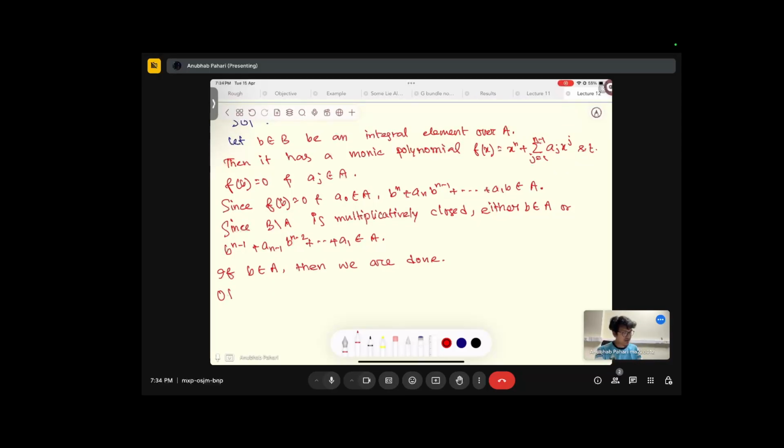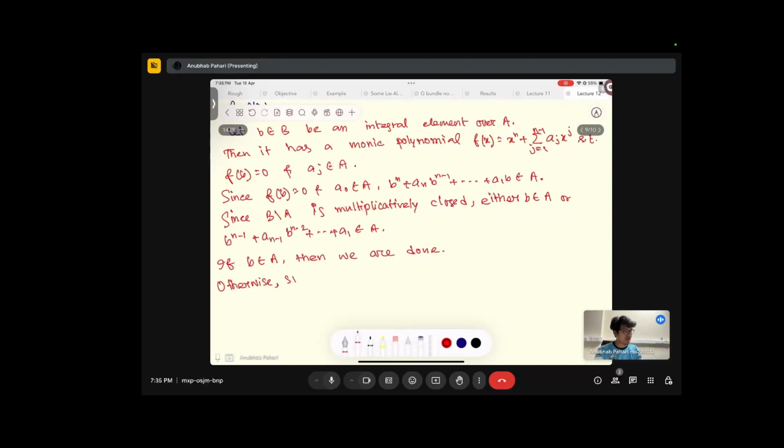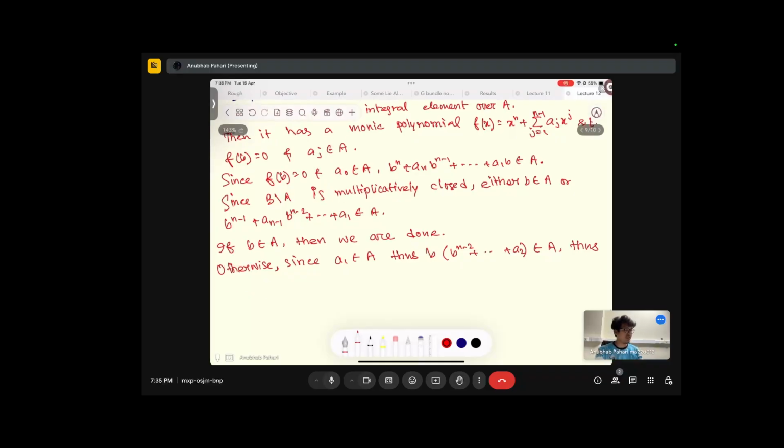Otherwise, since a1 belongs to A, thus b times b to the power n minus 2 plus a2 is in A. Thus either b or b to the power n minus 2 plus dot dot dot a2 is in A.